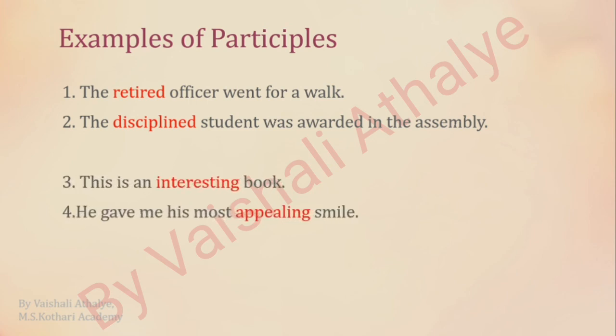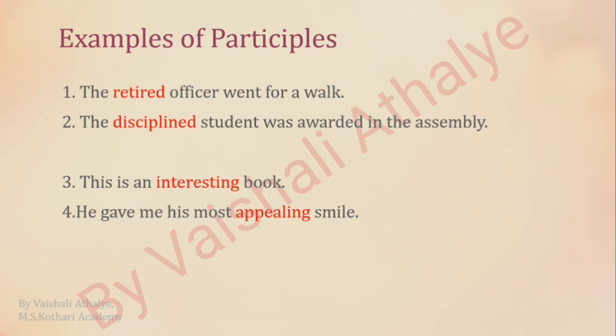We have present participles also. This is an interesting book. He gave me his most appealing smile. Here, the words interesting and appealing are examples of present participles. They are functioning as adjectives here.